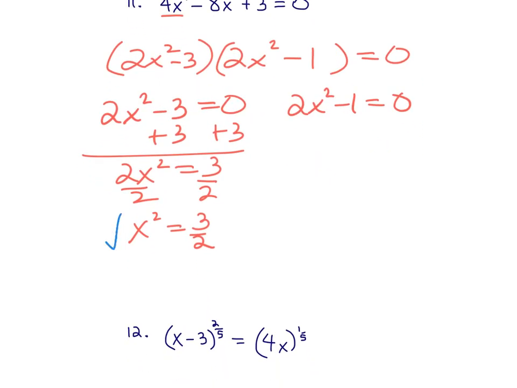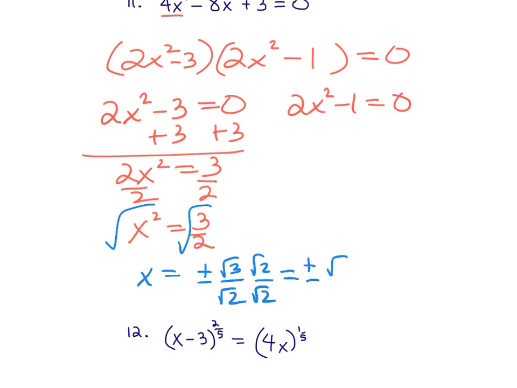Remember, you got to square root both sides. So x equals plus and minus square root 3 over square root 2. I can pull it apart. I need to rationalize. So multiply top and bottom by root 2. So final answer here is plus minus square root 6 over 2.